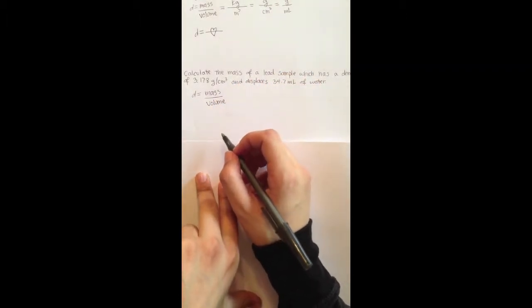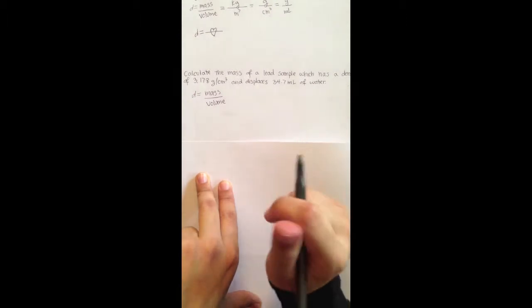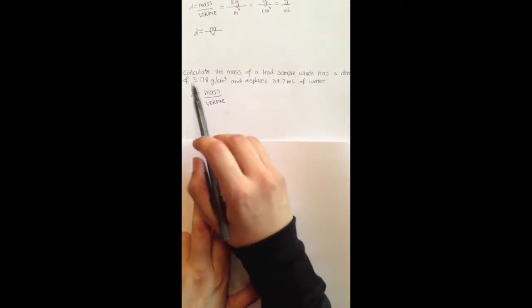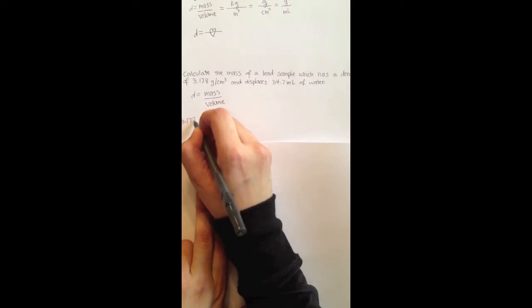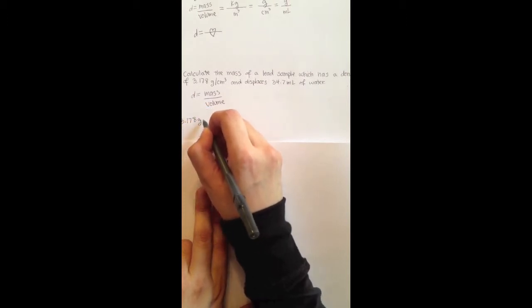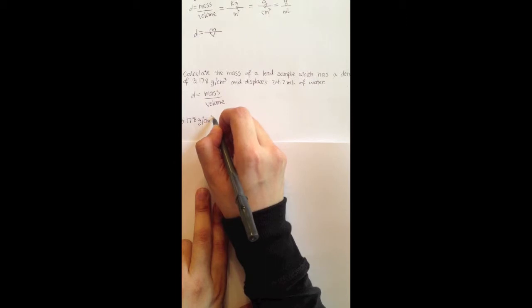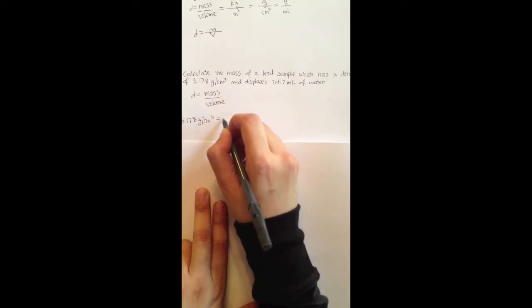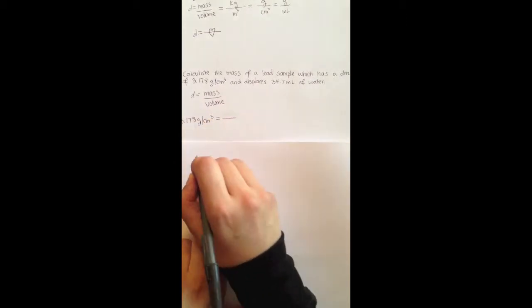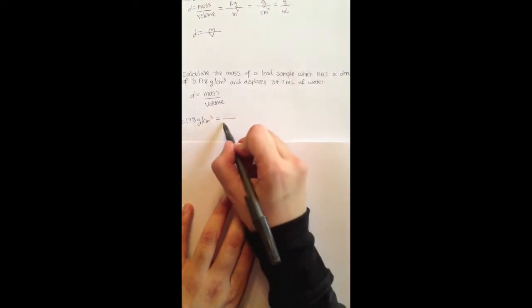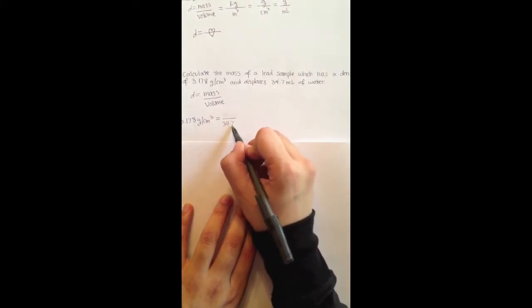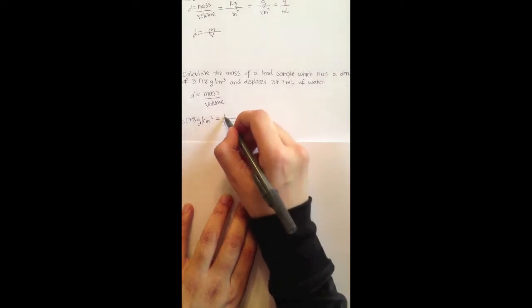So one way to approach this problem is to just strictly stick to the formula. We know what the density is, we can plug that in, 3.178 grams per centimeter cubed. And we know what the volume is that it displaces, which is right here, 34.7 milliliters.